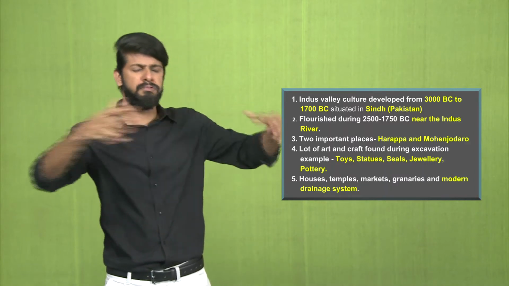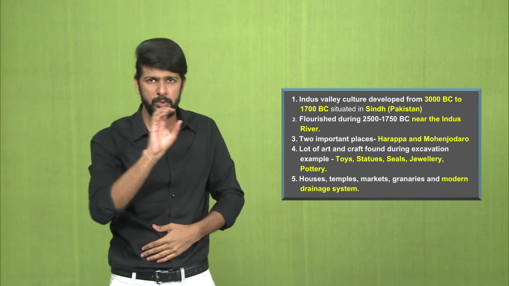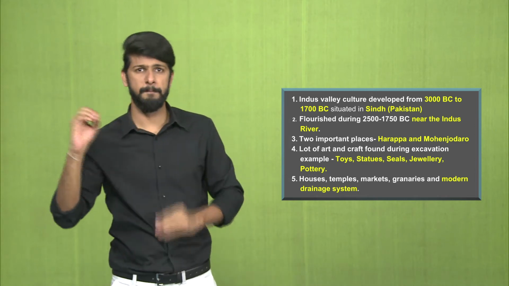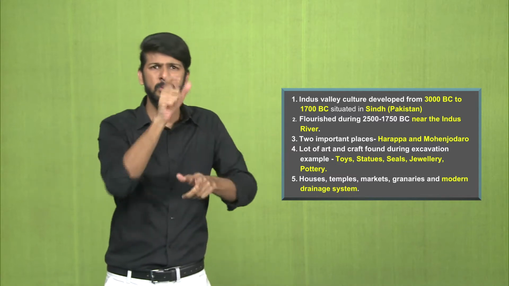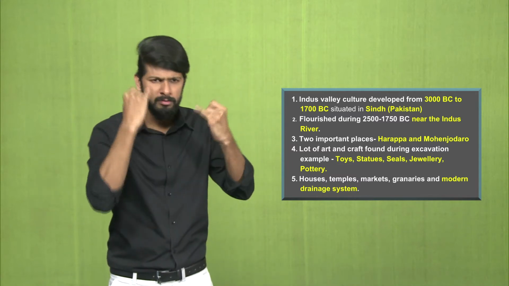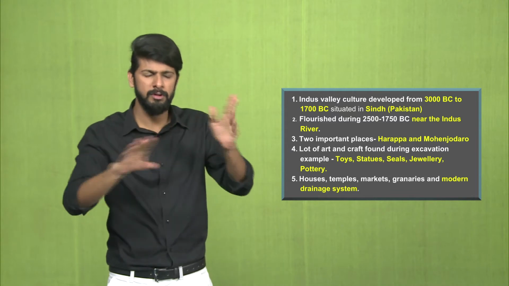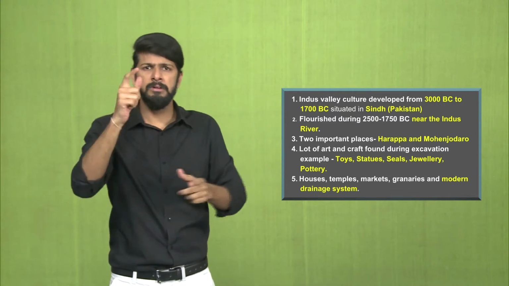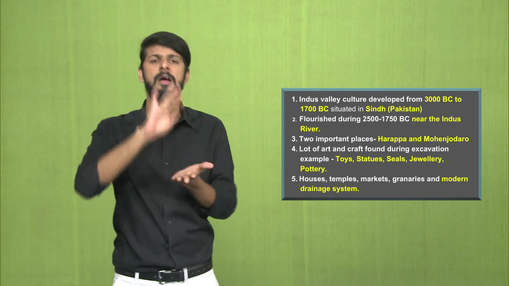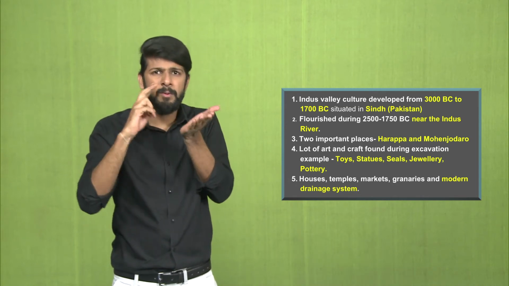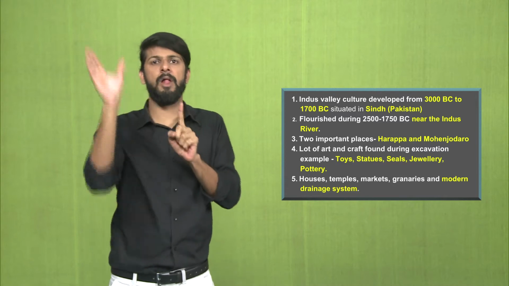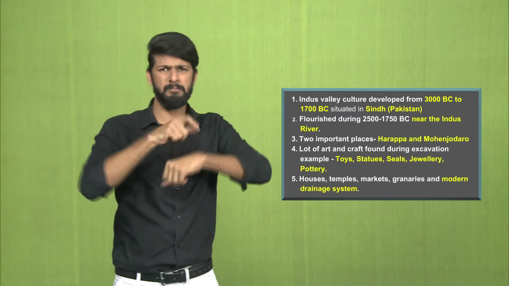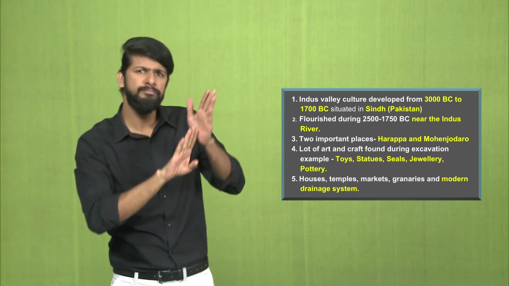The Indus Valley culture developed from 3000 BC to 1700 BC, and the place really flourished. The kind of architecture, the kind of handicraft, etc., was found, and this was situated in Sindh, which is now Pakistan.